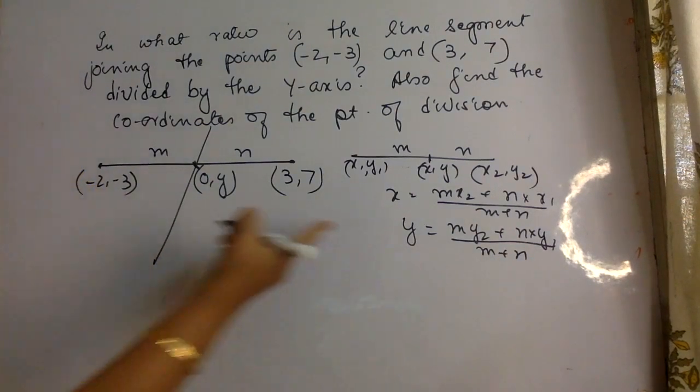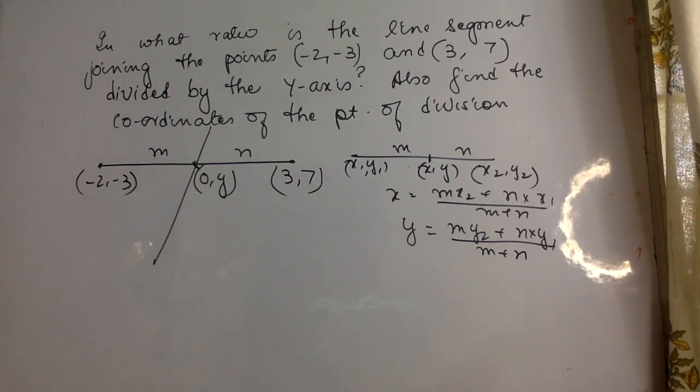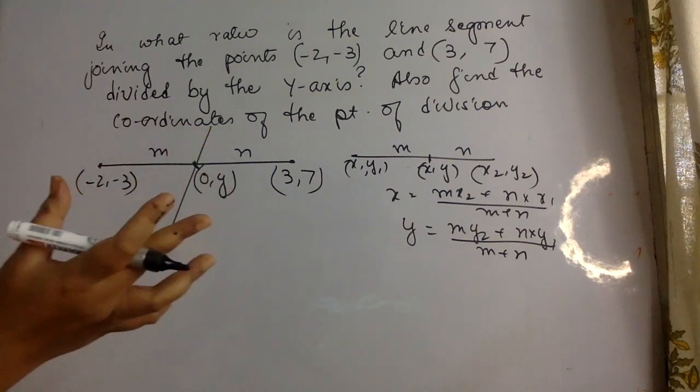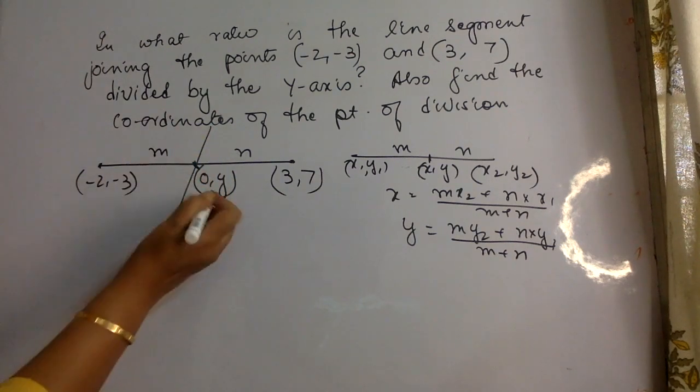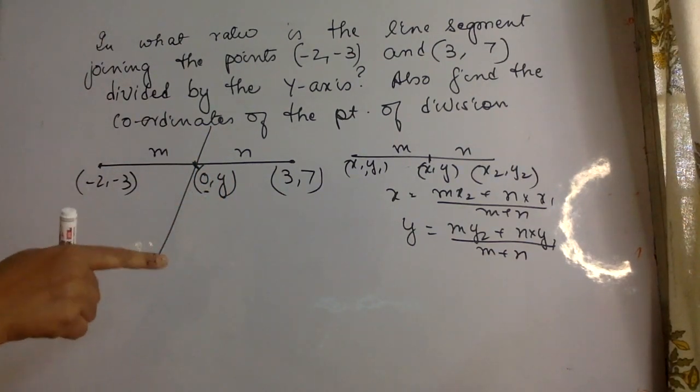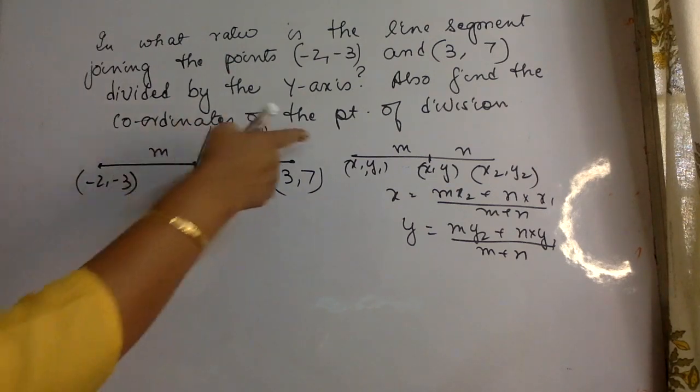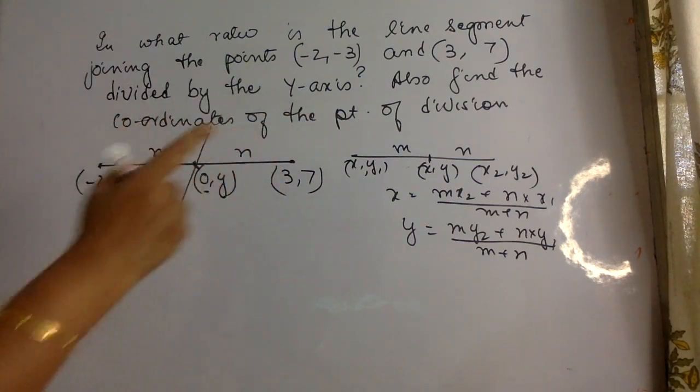So we are using this formula over here. The only thing is, we don't know the values of m and n. But we will first use this 0 because this is a known value, and we'll get the ratio first, then go for the next part, that is the coordinates of the point of division.